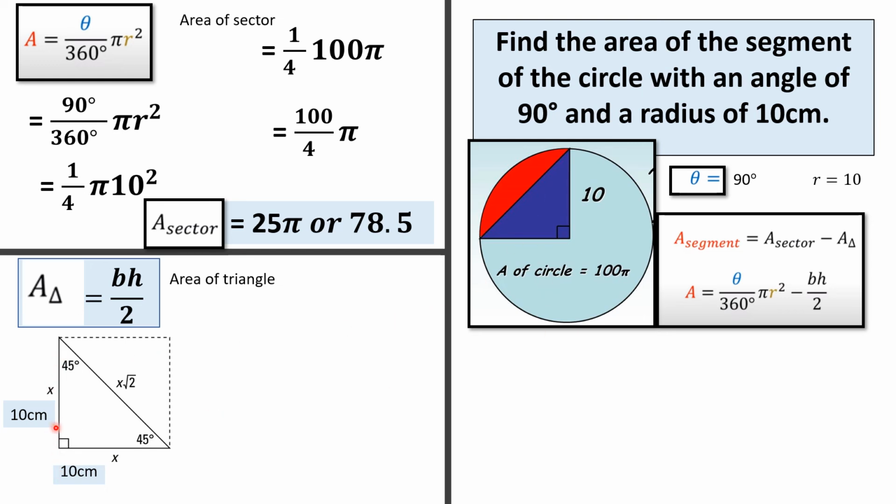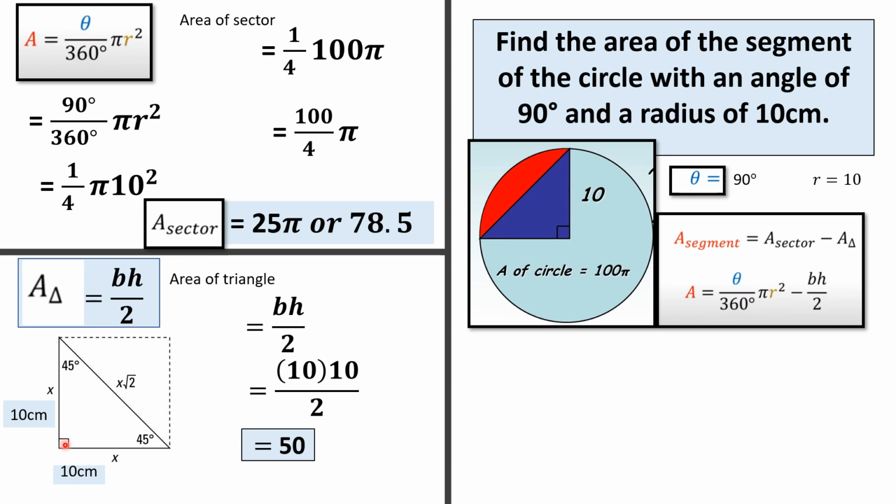Therefore, kung 45, 45 siya, whatever be the measure of this side is also the measure of this side. So, kung meron tayong 10 dito, 10 din to. Hindi na natin kukuhanin yung hypotenuse kasi ang kailangan lang natin is yung base and height. By substituting in the area of a triangle formula, we have 10 times 10 over 2. 10 times 10 is 100, divided by 2 is 50.